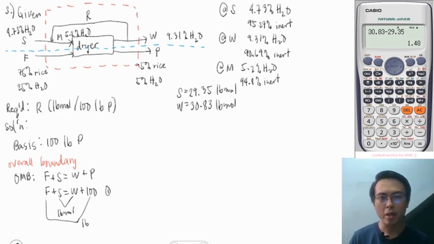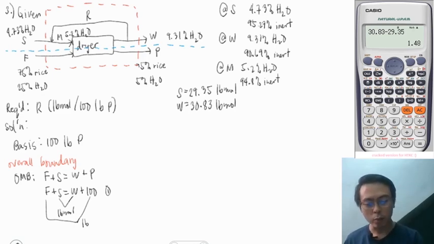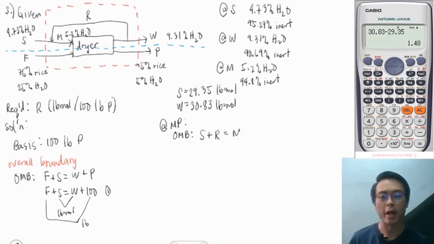I have copied the values of S and W for our reference. Let's try to perform the balance at the mixing point. What is your overall material balance? Input S, another input R is equal to output M. For us to get the value of M, we need to know the value of S and R. We already know the value of S, that's 29.35 pound moles.